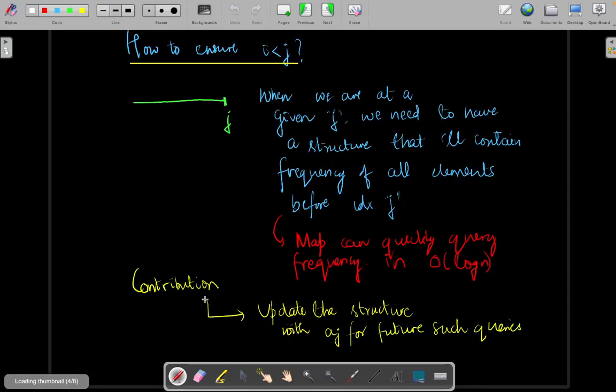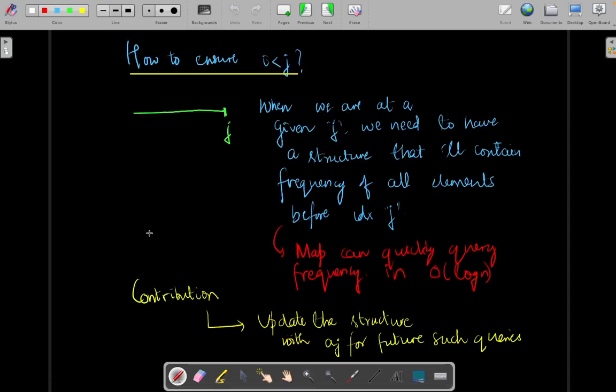And one last question to ask ourselves is, how do we ensure this I is less than j in the frequency map? Well, that is simple. We just iterate from left to right and we populate the array then and there. So for this arbitrary j, we have populated a map from left to right.